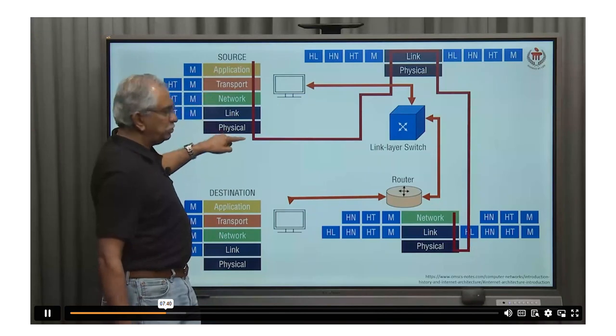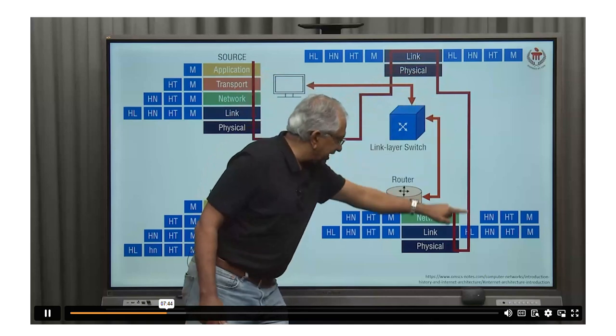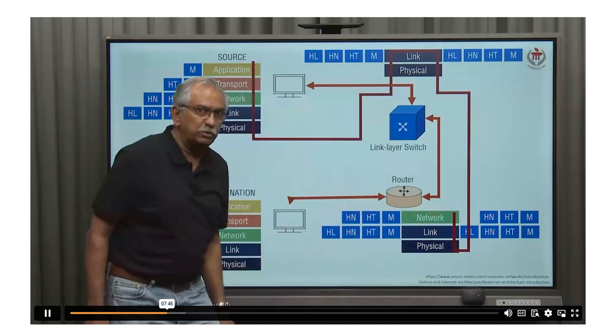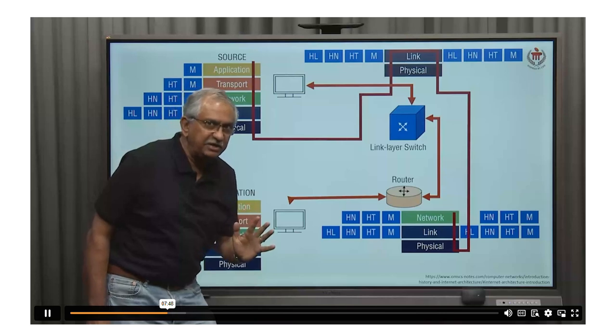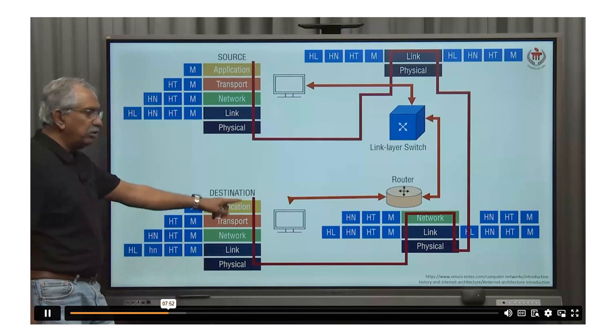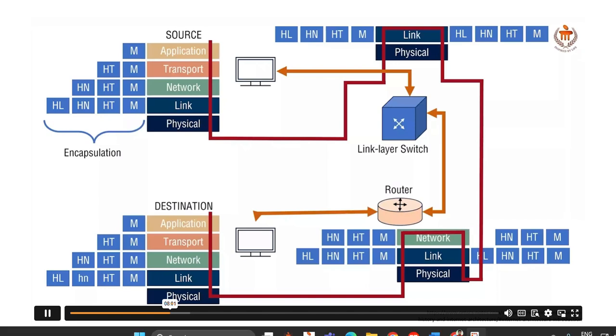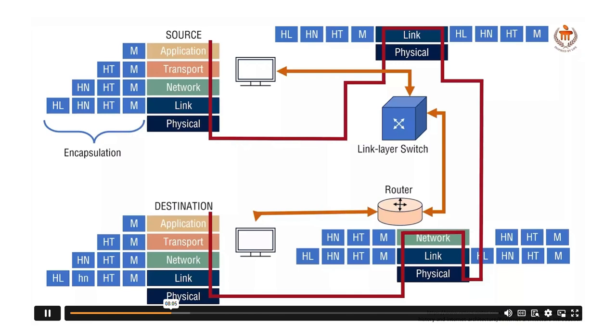So from application to physical, to the link, back to the physical, and back to the network layer. And then it doesn't end there. From the network layer, it comes up all the way back to the application layer. Only when this complete journey has been made does the receiver receive the message intended for it.